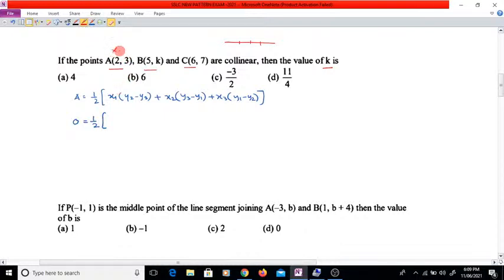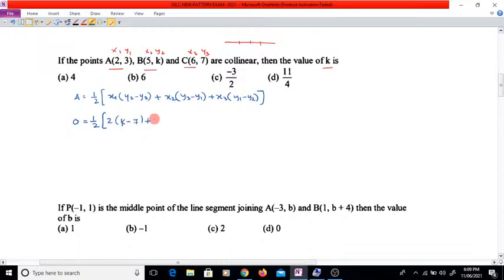This is x1, y1, x2, y2, and this is x3, y3. Now we will substitute the values. x1 is 2 into y2 minus y3. What is y2? y2 is k minus y3, y3 is 7 plus x2.